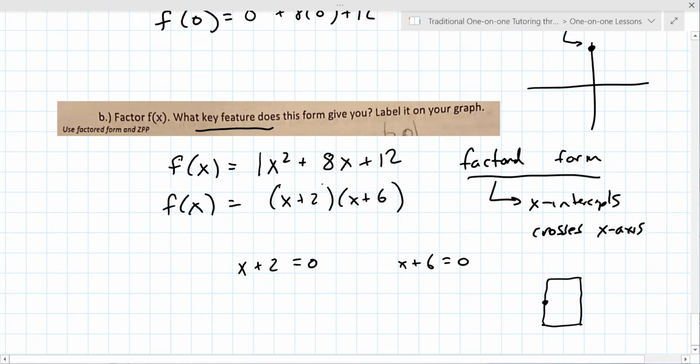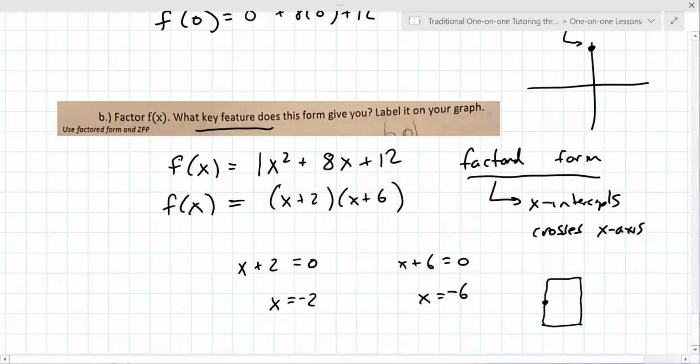If you FOIL that, you go backwards. We've made progress here. We'll save that for a different class. We have factored this, so you want to use it in factored form. Set x plus 2 equal to 0 and x plus 6 equal to 0, so x equals minus 2 and x equals minus 6. That's where it crosses the x-axis.